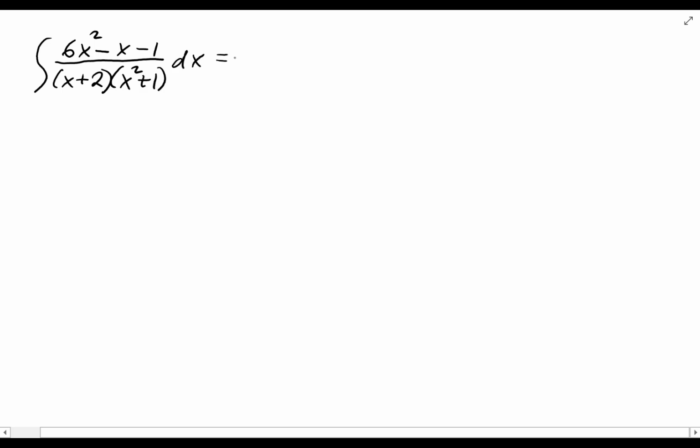And from our previous video, we saw that this is going to split apart as two integrals. 5 times 1 over x plus 2 plus x minus 3 over x squared plus 1.